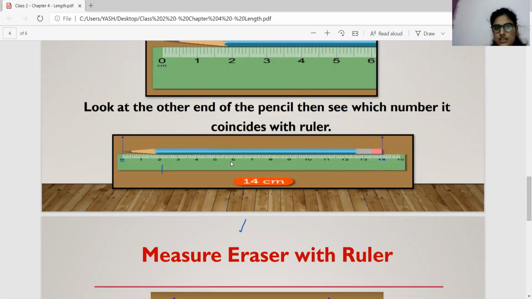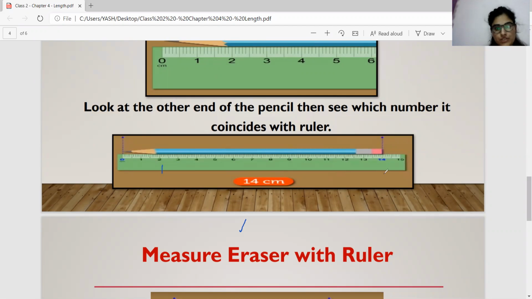Suppose the pencil is this long. So let's start counting. 0, 1, 2, 3, 4, 5, 6, 7, 8, 9, 10, 11, 12, 13, and 14. We have to see the other end of the pencil. Which number coincides with the ruler?